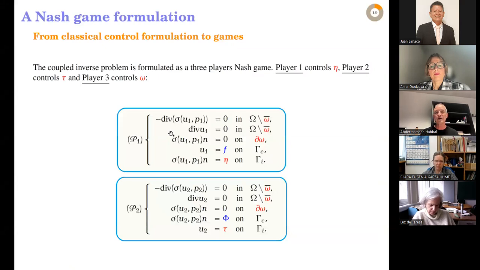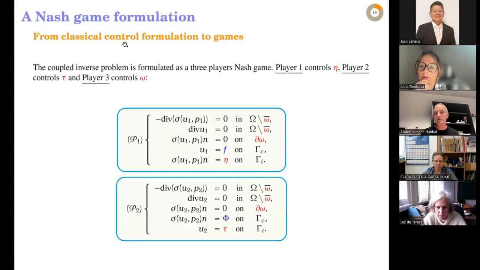In one of the boundary value problems, we keep the Dirichlet overspecified data on gamma C, and on gamma I, we give the optimal control a parameter eta that will control the Neumann condition on gamma I. And we do, in some duality, the same for the control of the Dirichlet boundary data on gamma I, while giving the Neumann overspecified measurement on gamma C to the controller.